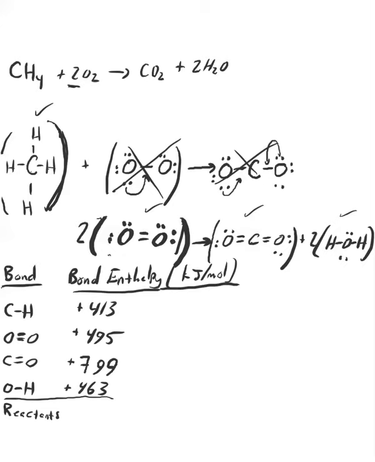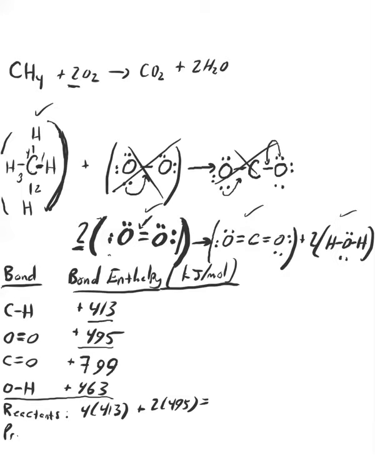So the reactants, the delta H would be, okay, you've got a carbon hydrogen, which is 413, but there's 4 of them. So it's 4 times 413. And then you've got an oxygen-oxygen double bond, which is 495, but there's two of them. So 2 times 495.